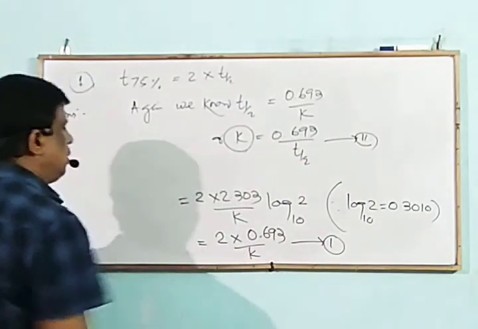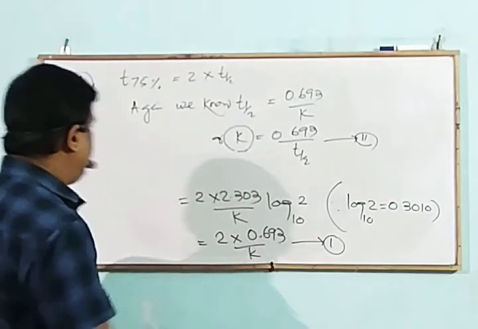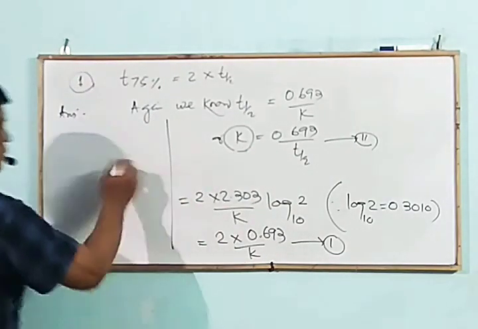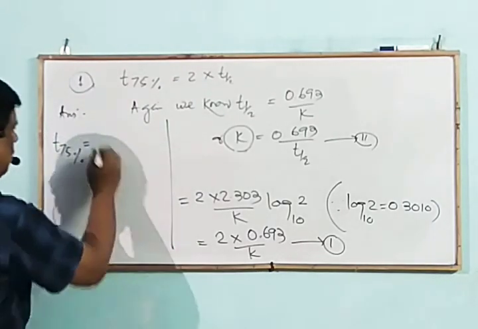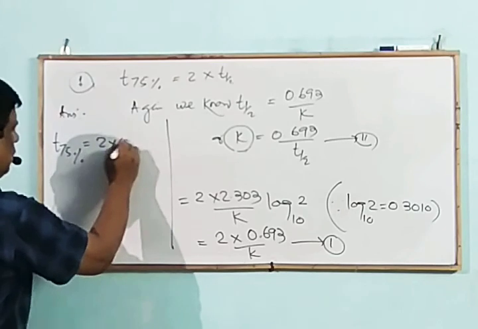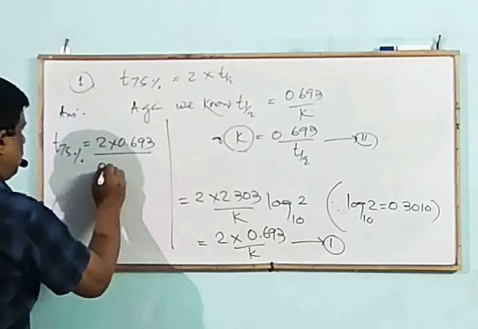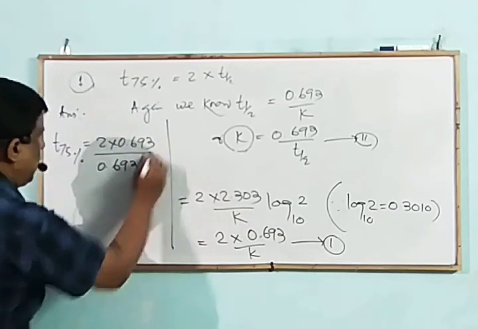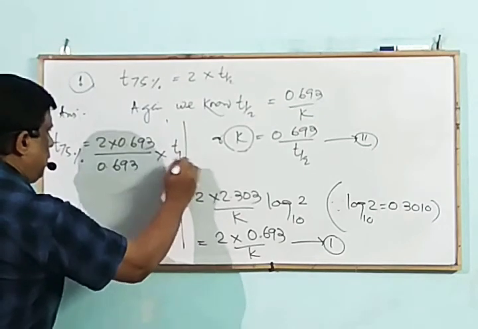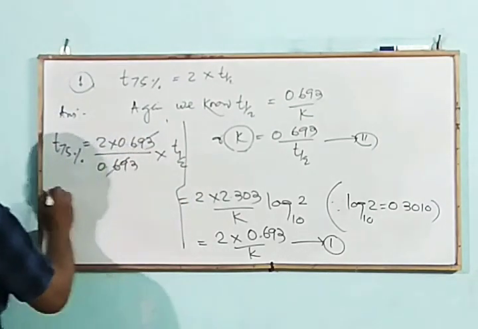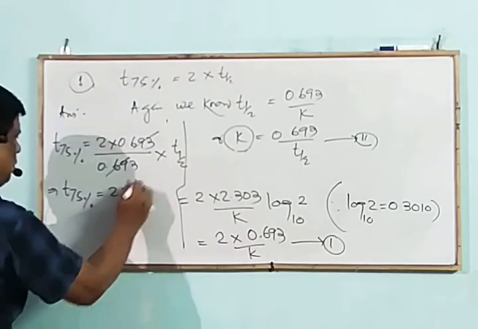Putting the value of K from equation 2 in equation 1, we have T 75% is equal to 2 into 0.693 by T half into T half. This cancels. That means T 75% is equal to 2 T half.